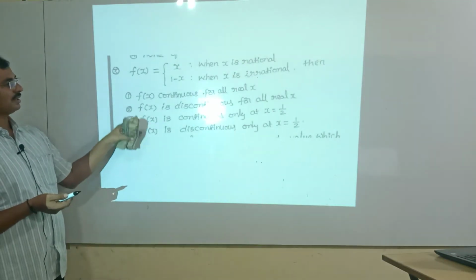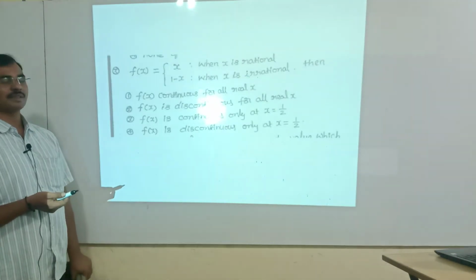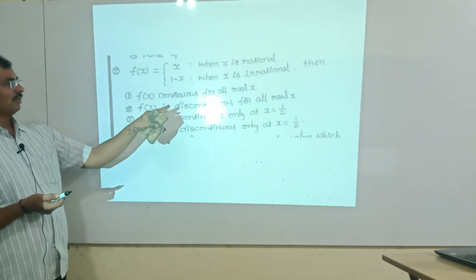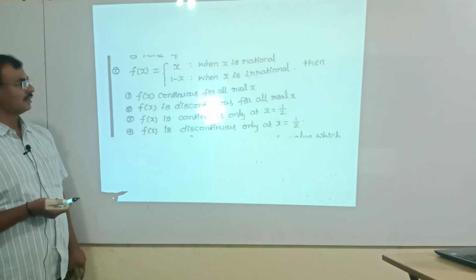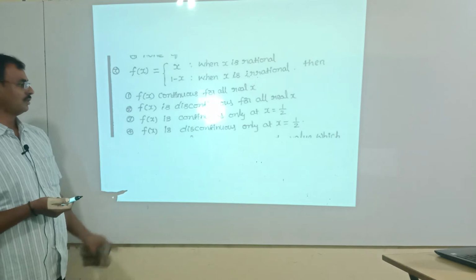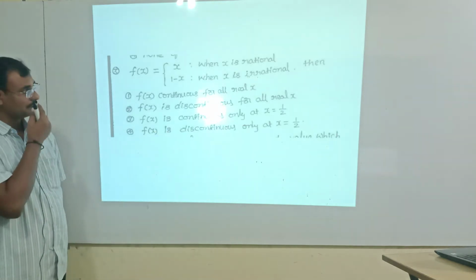Then 4 options are given. F of x is continuous for all real x, discontinuous for all real x, continuous only at x equal to 1 by 2, discontinuous at x is equal to 1 by 2.